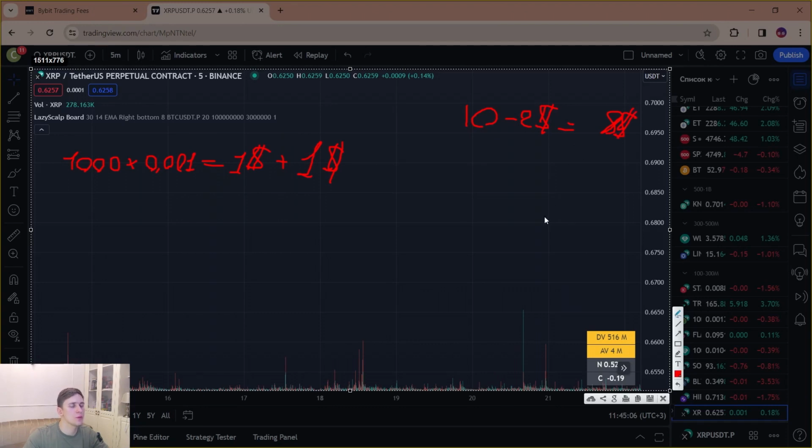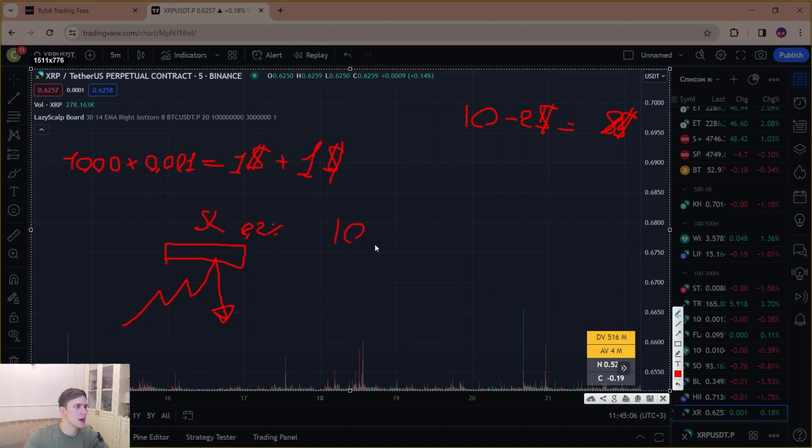But it's much more important to be able to calculate your risks, your potential loss. For example, we are trading the pullback from a limit order. We are scalping the pullback from a huge limit order, and we calculated that our stop loss is about 0.2%, so we should calculate our potential loss.